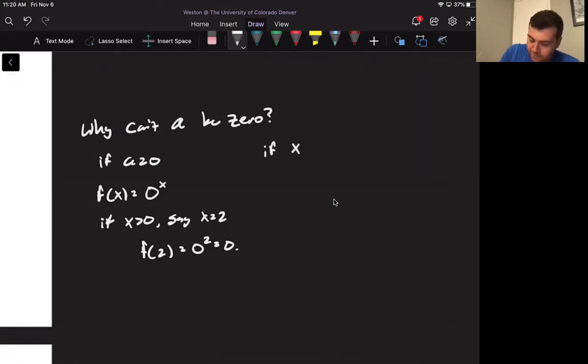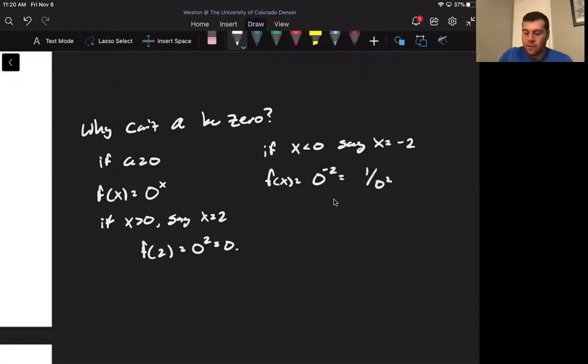If x is less than 0, say x equals -2, then f of x equals 0 to the -2, which by definition of that negative exponent is 1 over 0 squared. And now we've divided by 0. And we can't have that. So it doesn't work if x is less than 0.